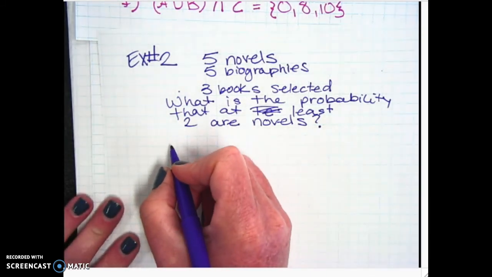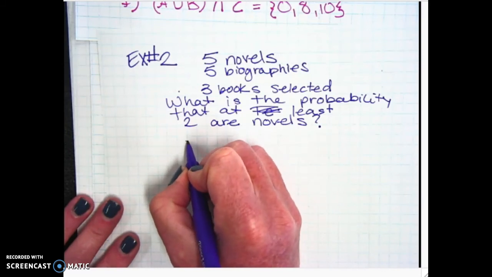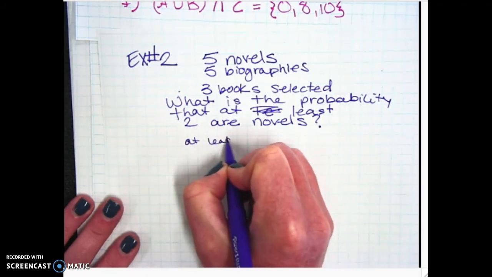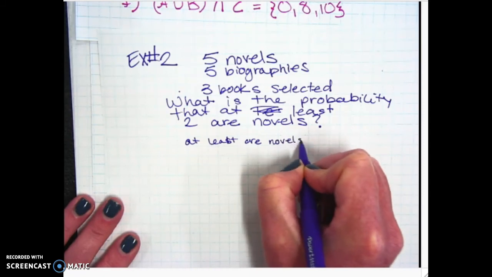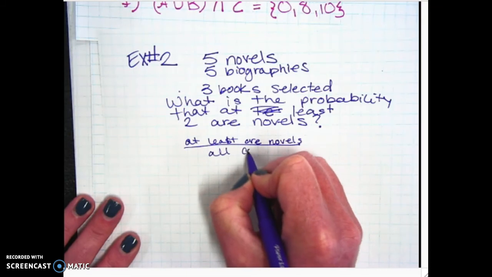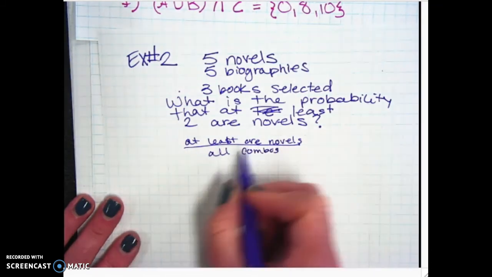Okay, so we're going to use combinations just like we did yesterday, and we're going to take the probability that at least 2 are novels and divide that by all the combinations. Okay, so let's do the numerator first.